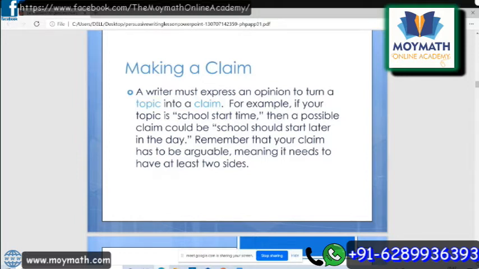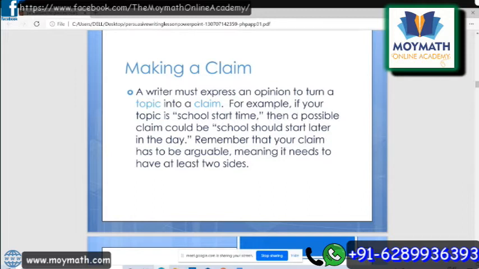Remember, the claim has to be arguable, meaning it needs to have at least two sides. Now, if you state like this, school should start later in the day, there must be some section of students who agree with you. On the other hand, there will be others who are totally against it. Do you agree with this, or are you against it, my dear?